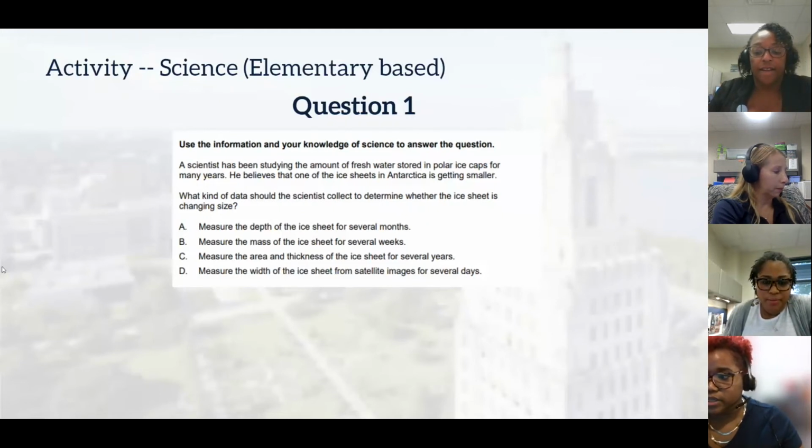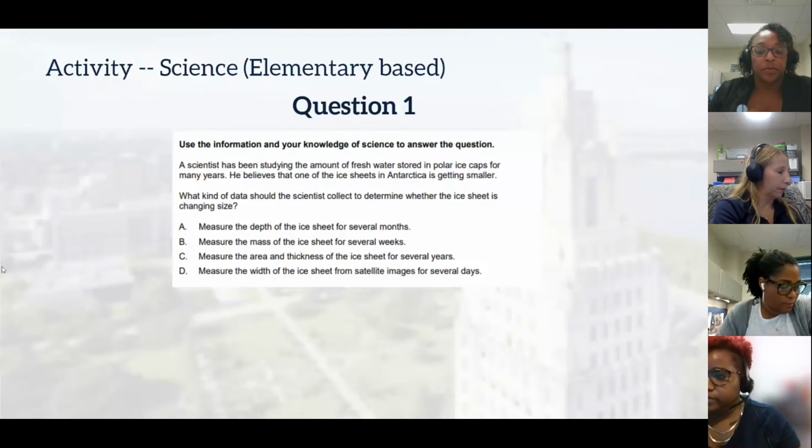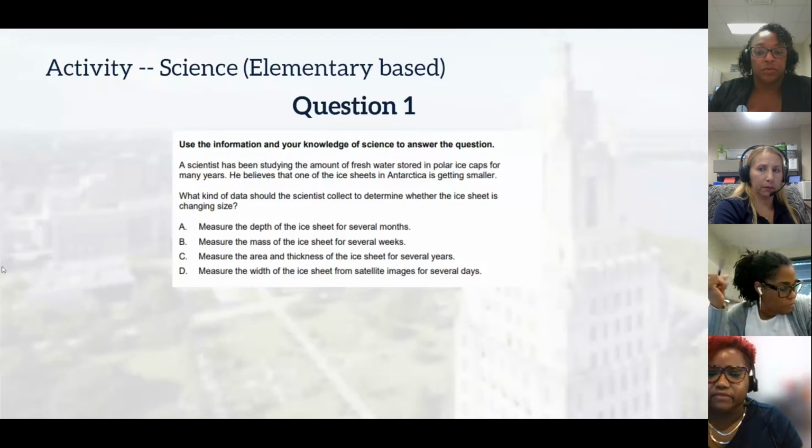So let me ask a question about that. It gives you information on the front, but then it says, what kind of data? The actual real question is what kind of data should the scientists collect to determine whether the ice sheet is changing size? So if I'm just asking you what type of data you should collect, is that a level 3?